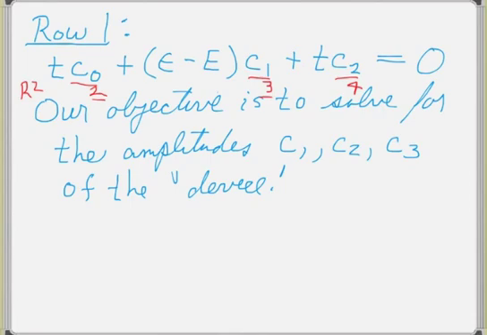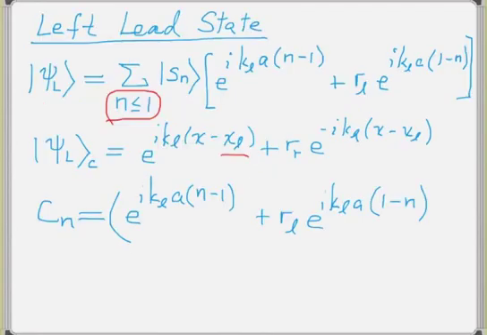If we can write C0 in terms of C1, then we can write a closed form equation for just C1, C2, and C3, provided we do the same thing for the right-hand lead also. So our goal is to write C0 in terms of C1, and then we'll have a closed set of equations just using C1 through C3. We're going to use this known form of the C sub n's in the lead to do that. So that's our approach.